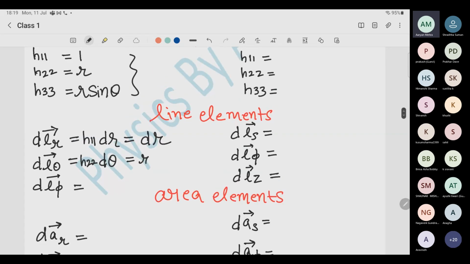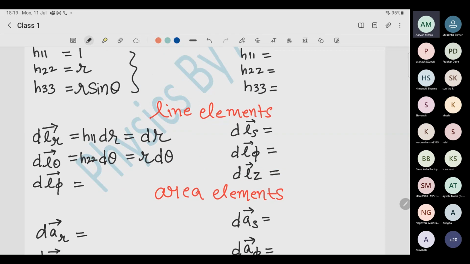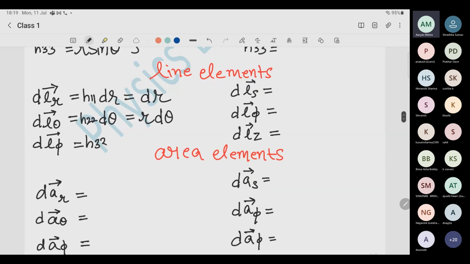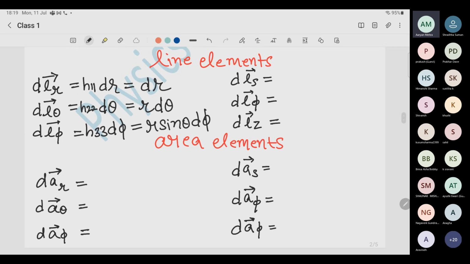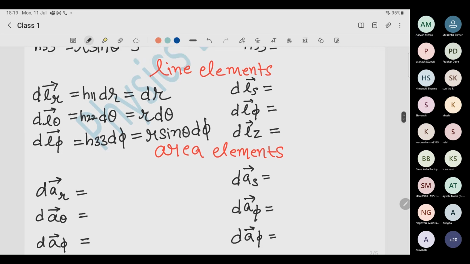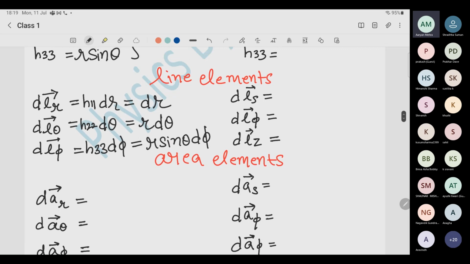R. So you write r d theta. And what if phi is changing? You write h33 d phi, and that is r sine theta d phi. So your line elements are ready. Since these are vectors, we need to make them vectors: r cap, theta cap, and phi cap. So this is done.